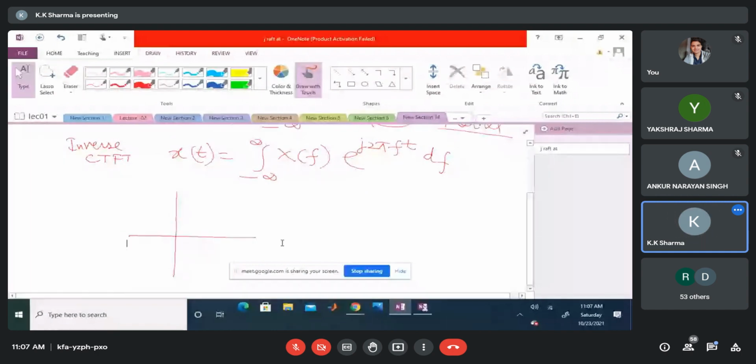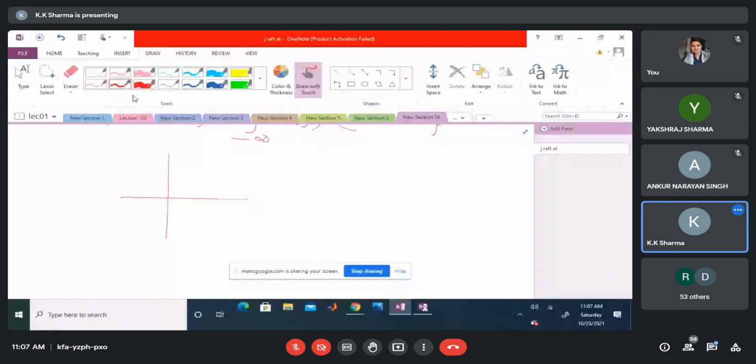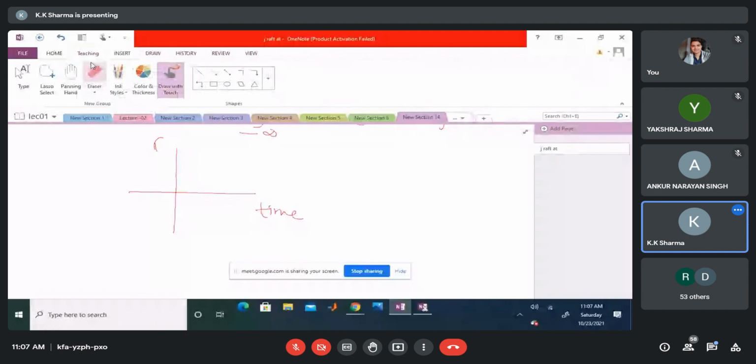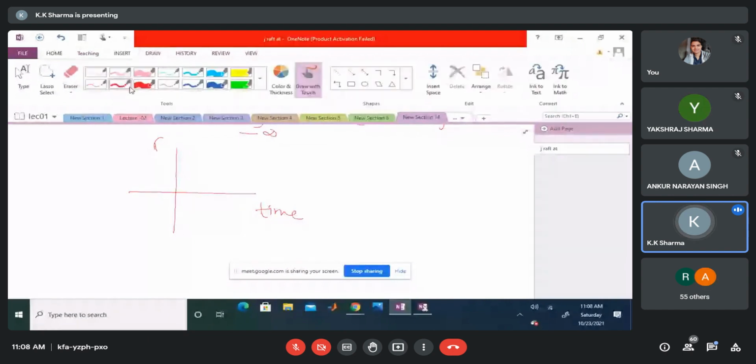can be represented in time and frequency axes, which I am showing perpendicular to each other. The reason for showing the time and frequency axes orthogonal to each other will become clear in a little while.